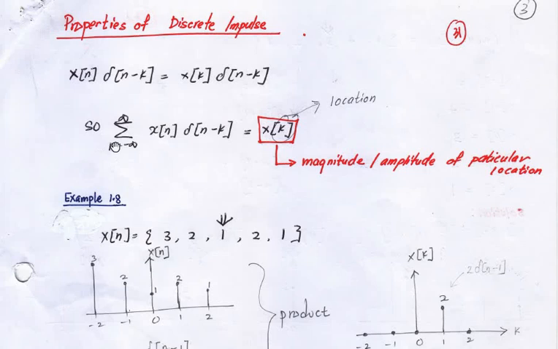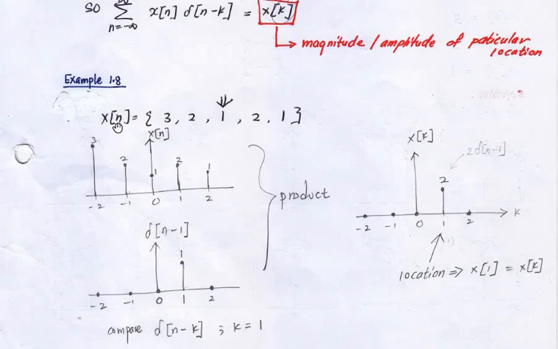This means that the summation of x[n] delta[n minus k] is equal to x[k], where the k here refers to the location. And the x[k] is the magnitude, or we call it the amplitude, of the particular location.